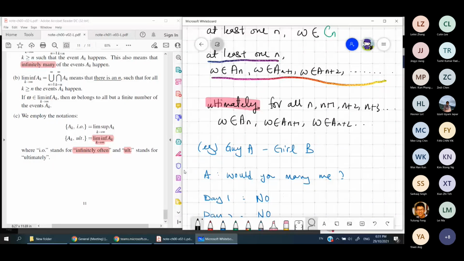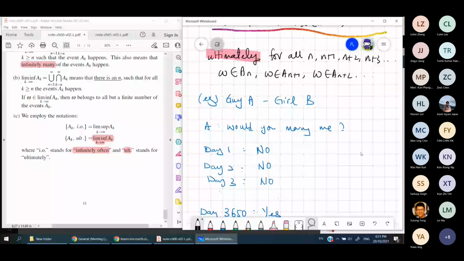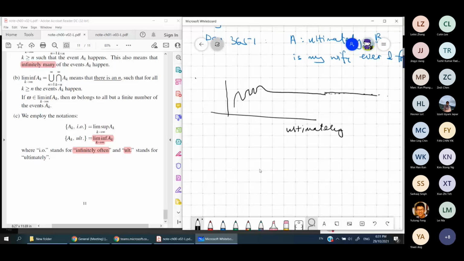This n could be 100 or 1000. So after 100, on day 101 it happens, day 102 and so on, it happens. This is ultimately. A better example will be this: for example, you take a coin and toss it.